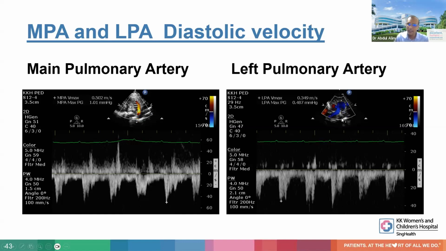On the right-hand side of the screen, there is a left pulmonary artery Doppler, again pulse wave. You can measure the diastolic flow velocity there. In a hemodynamically significant PDA, the diastolic velocity in the left pulmonary artery tends to be more than 0.3 to 0.4 meters per second.